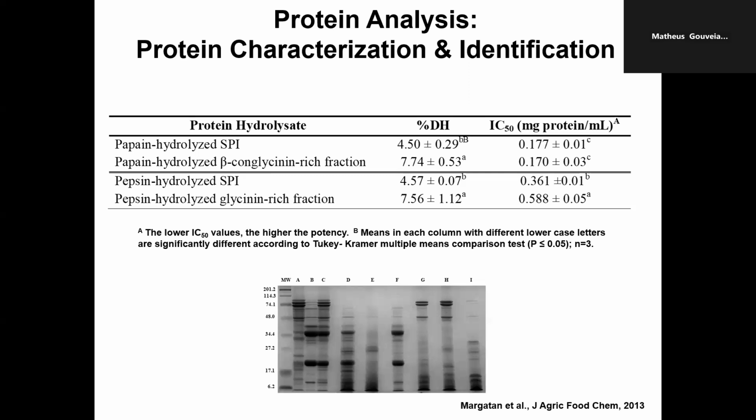So soy protein isolate, comparing it to a purified component of the protein, which is beta-conglycinin, and this is glycinin. One article showed that beta-conglycinin peptides are more potent than glycinin peptides. So they purified beta-conglycinin and hydrolyzed it to get the potency.